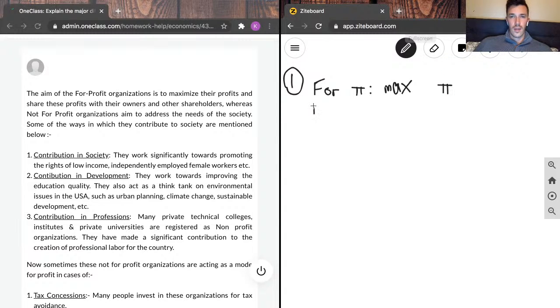Whereas not-for-profits try to maximize their benefit to society.